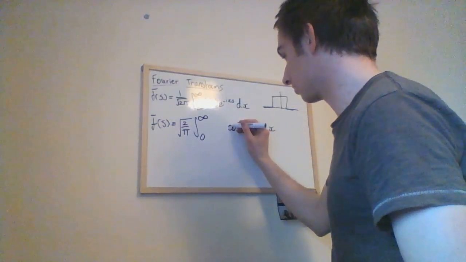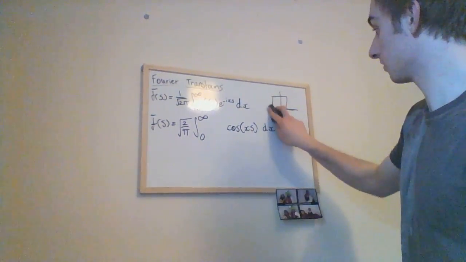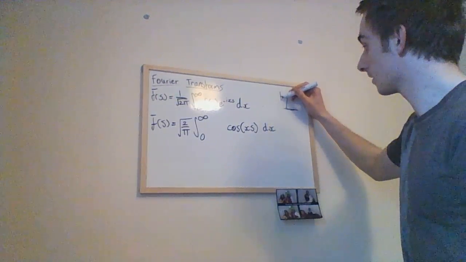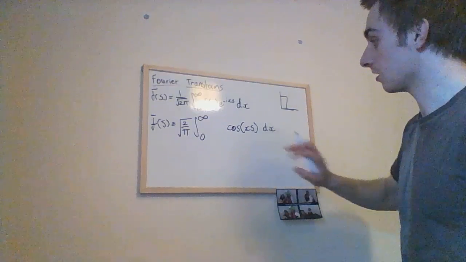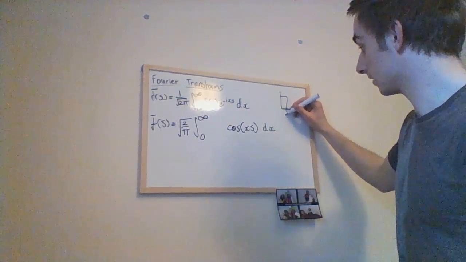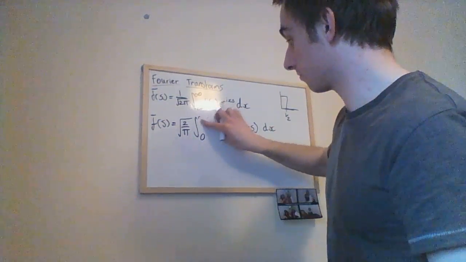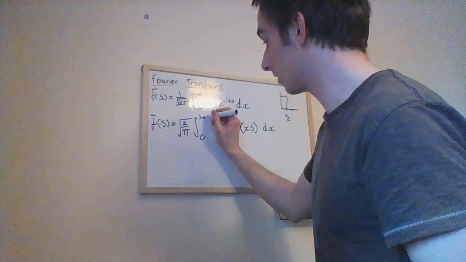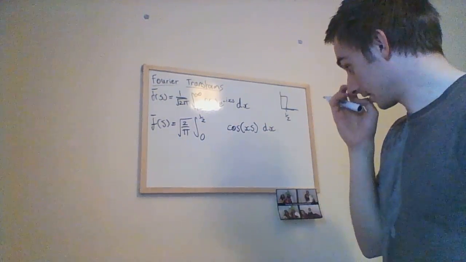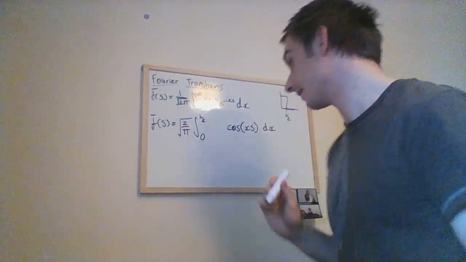So that's just cos there, and make the domain, remember, we're forgetting about this negative half because we're multiplying by 2 and using the same. This happens at a half, because it's a square wave. So the domain becomes integrating between 0 and a half of cos xs with respect to x, all multiplied by 2 over pi, dead easy.